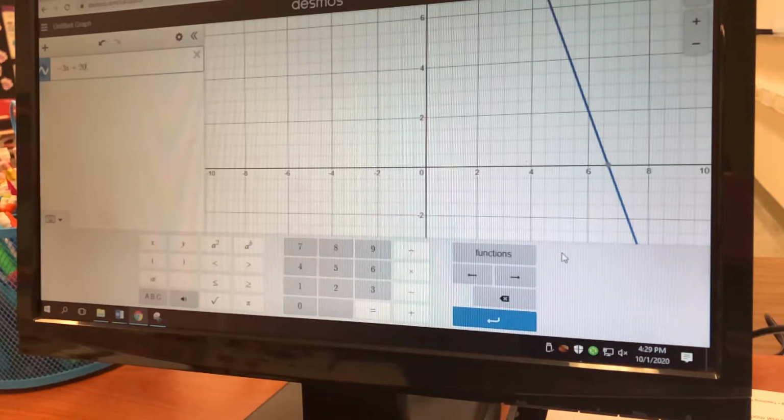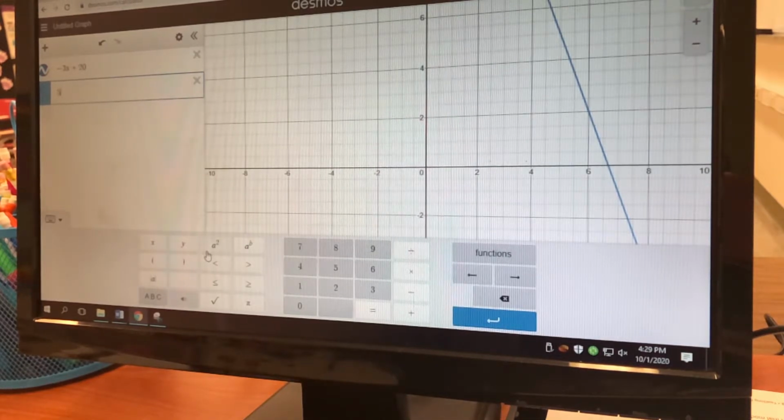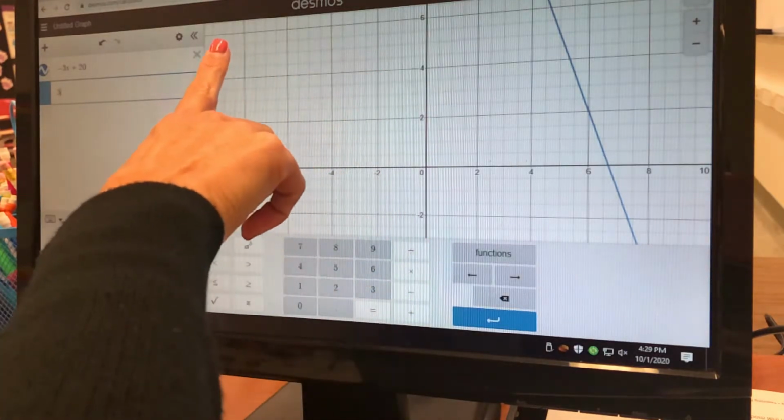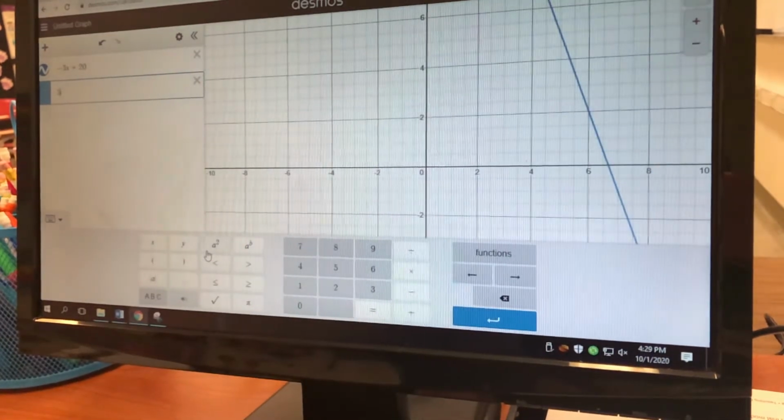Now, for the other side of the equation, I'm going to use this arrow button here to get my second graph. The other side of the equation is 5. If I just type in 5, Desmos isn't going to do anything for me because it needs to be in terms of x. To graph 5 is just a constant straight across here, so that means there's 0 slope, so the m is 0.